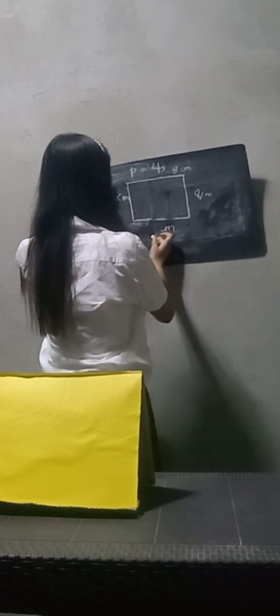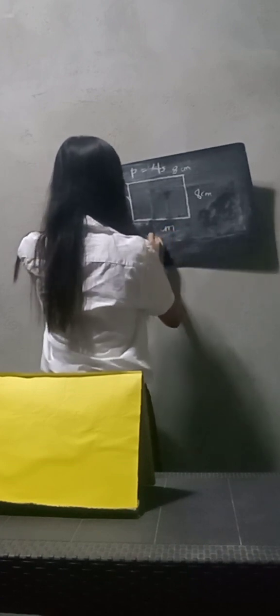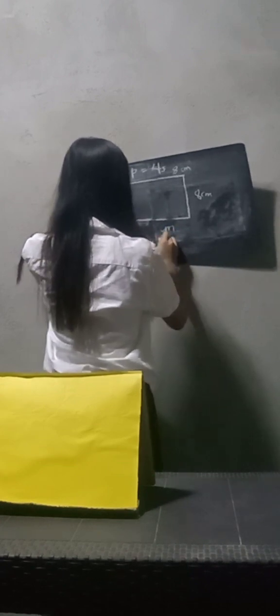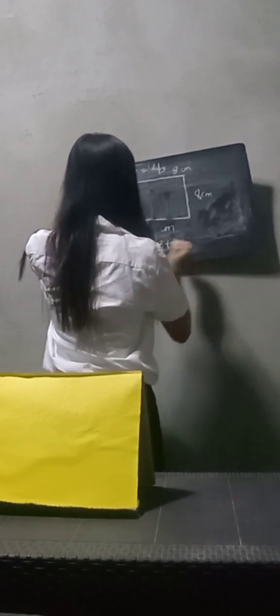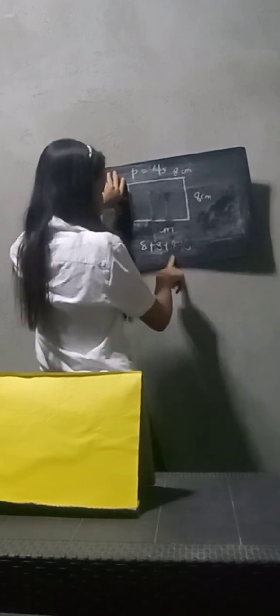We need to add all the sides. So 8 plus 8 plus 8 plus 8. 16 plus 16. 16 plus 8 is 24. 24 plus 8 is 32.